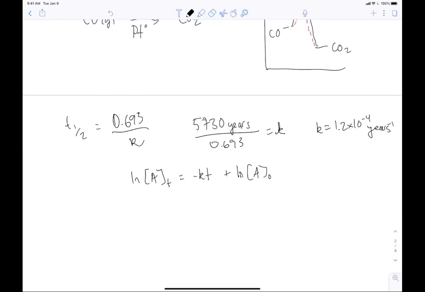Even though it's in counts per minute, this becomes 15.1 counts per minute over here. All right, we're treating it as a concentration. So really I should get rid of this because we can't take the natural log of those units.